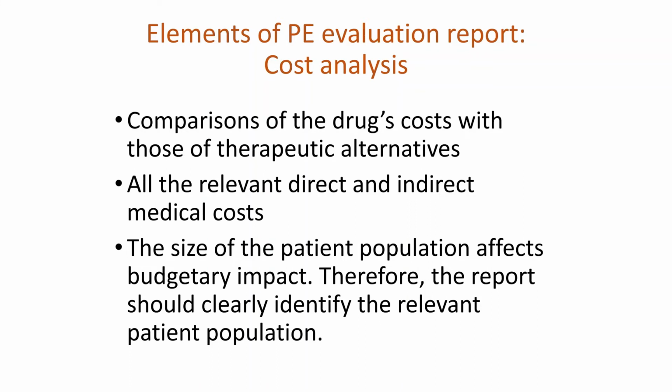So why bother adding them to the evaluation? As I said, also, it's very important to calculate the size of the patient population accurately to be able to calculate the budget impact of the new technology.